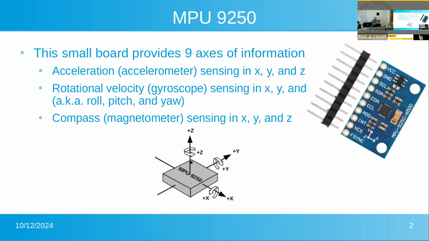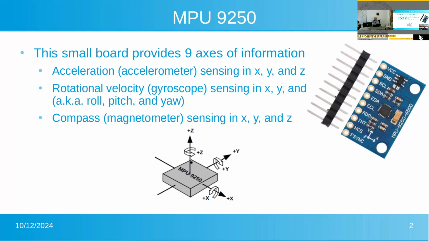So let's get into the hardware to start with. The MPU 9250 is this small board here, and it provides some really useful information to help realize where your robot is, what forces are on it, and how it's moving.